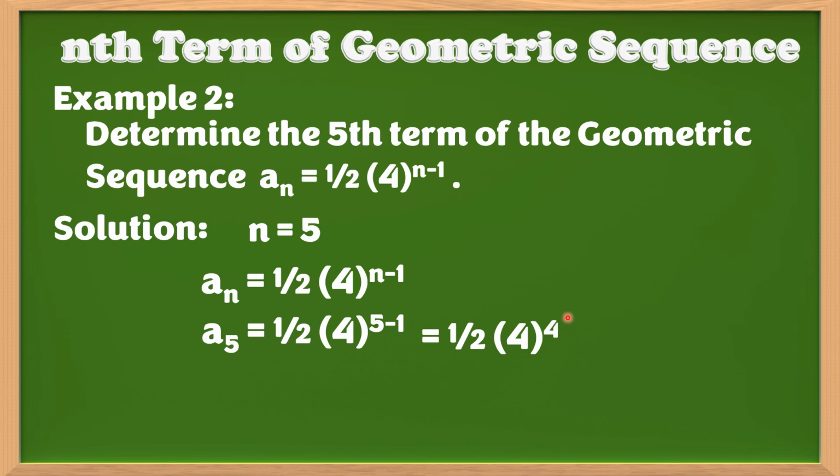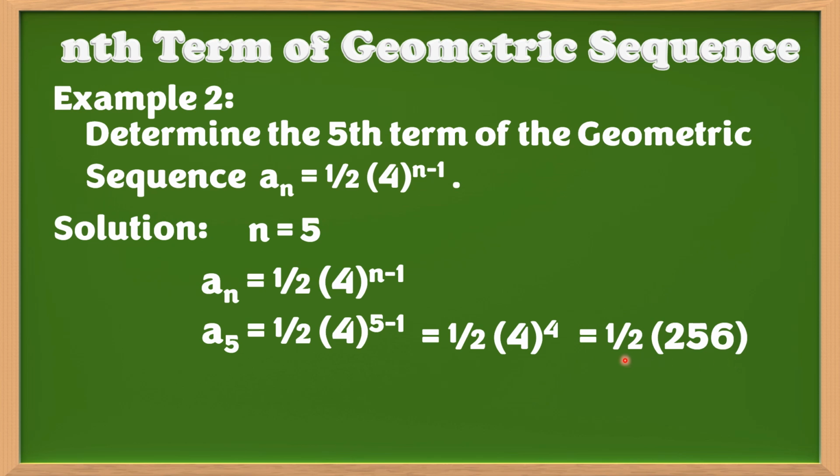Then we're going to get the value of 4 raised to 4. 4 raised to 4 is the same as 4 times 4 times 4 times 4, and that is equal to 256. So a sub 5 is equal to 1/2 times 256.